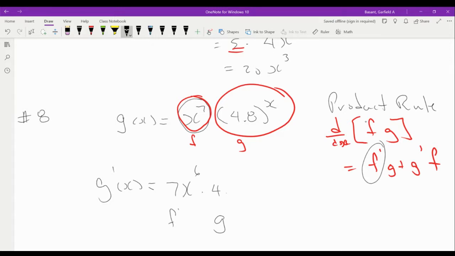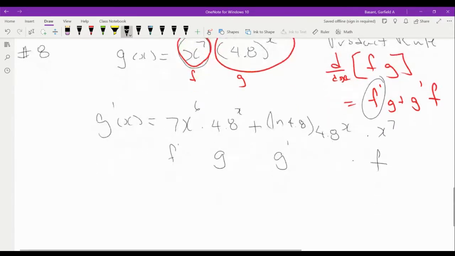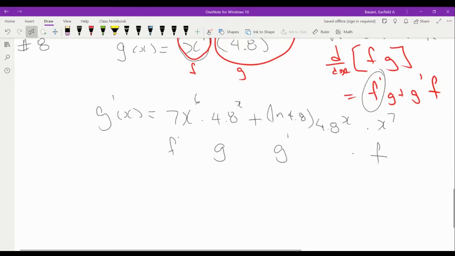And our g is 4.8 to the x power. And then we're going to add g prime. And our g prime would be the ln of 4.8 times 4.8 to the x power. And we're going to times that by f, which is x to the 7th. So that's our answer right there.